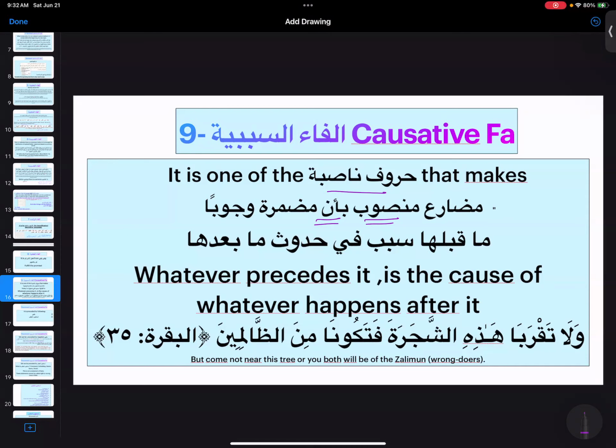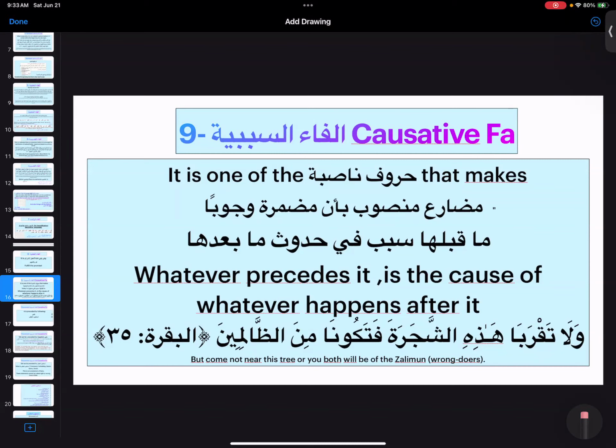At that time the fa that comes is nasibiya and sababiya. Later on there is also the fa rabita, so don't get confused with that. Here it is simply the fa of the nasiba. So wala takraba hazihi shajarata. So you are going to find either command or nahi. That is also one marker of this fa sababiya. So it is very easy to spot.